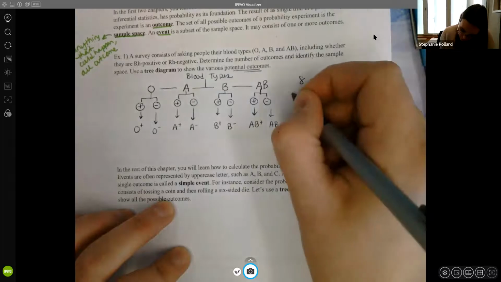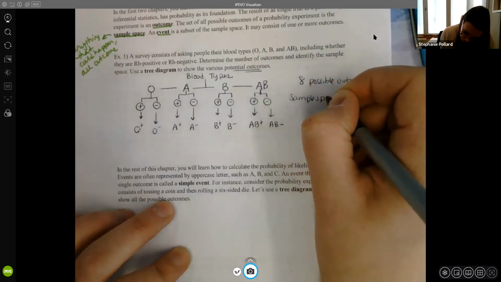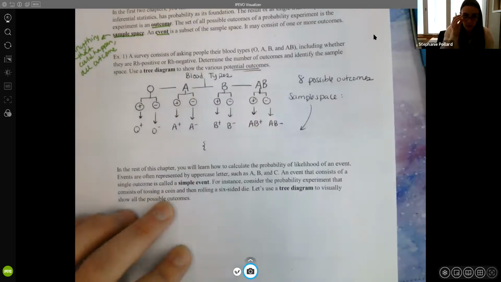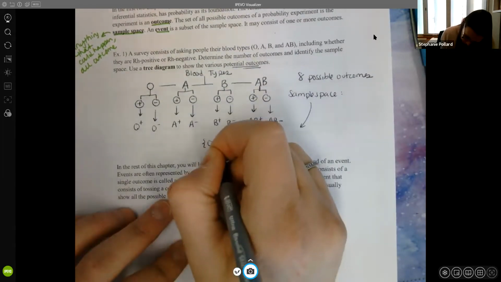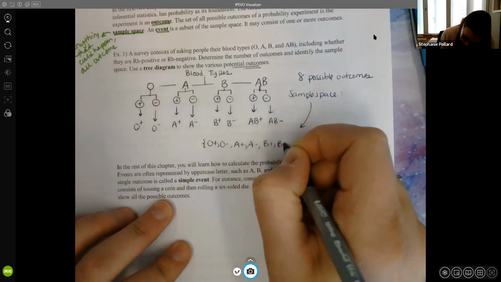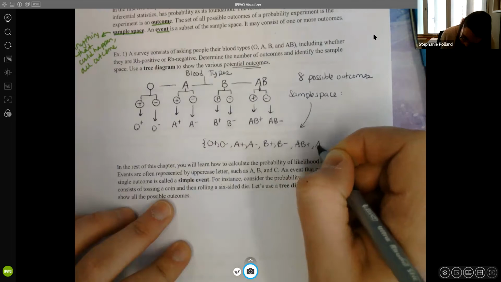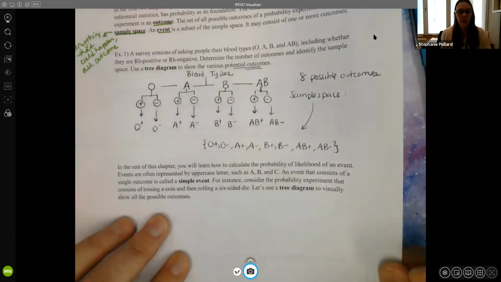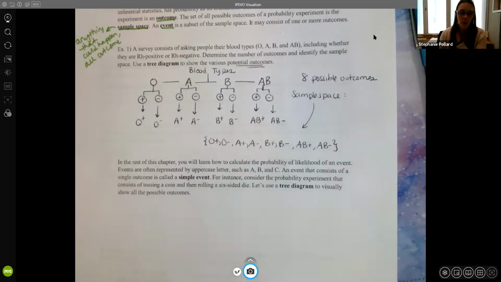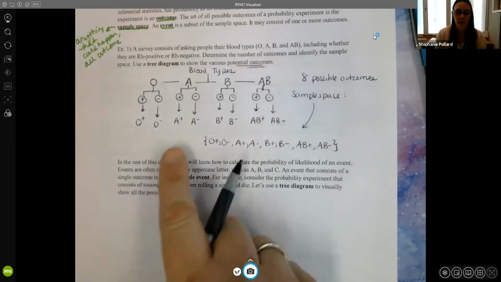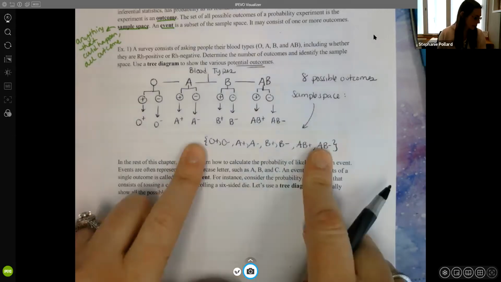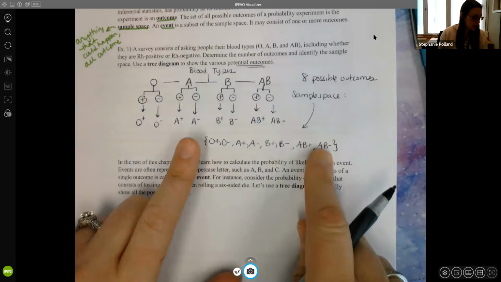In our sample space, we would write it like this. Usually we use little brackets, braces. So we would write it as O positive, O negative, A positive, A negative, B positive, B negative, AB positive, or AB negative. So your sample space includes all possibilities. So it's anything that could happen, all possible outcomes. Obviously, every person is not every one of these, right? You would be one specific blood type, but these are the 8 possible blood types, the 8 possible outcomes that you could have there.